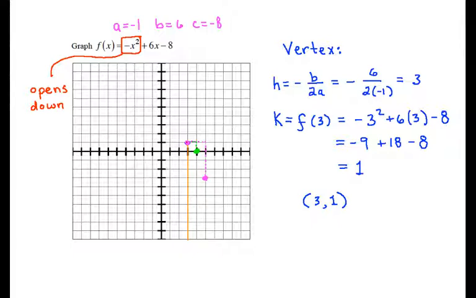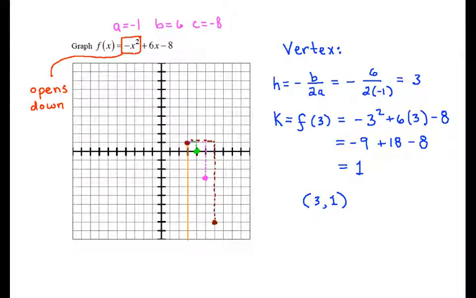And come back to the vertex again and plot the point 3, 9, but again going down and again relative to the vertex. That gets me 3 points on the right side of the graph.